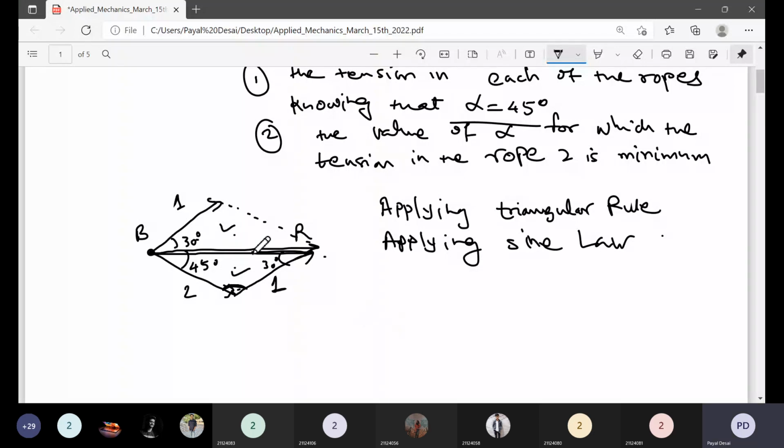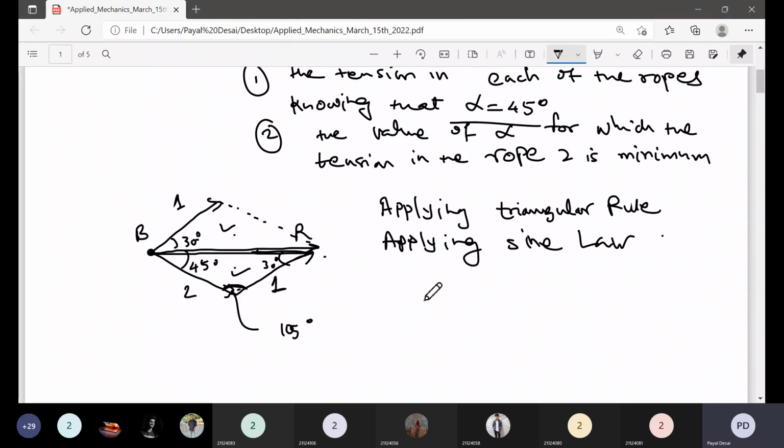Of course, this angle has to be 180 degrees minus 45 minus 30. Okay, so you are getting 105. This angle has to be 105.